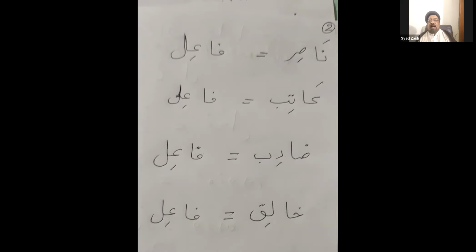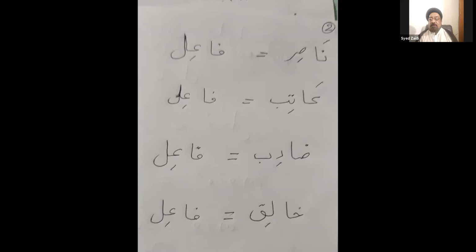Fa'il, if you look it up in the dictionary, is the doer of an action. So once you know it is the doer of an action, you will know katib. Kataba is writing, katib is fa'il, which is a doer. So you would instantly know that since it is the same scale as fa'il, the meaning is writer.